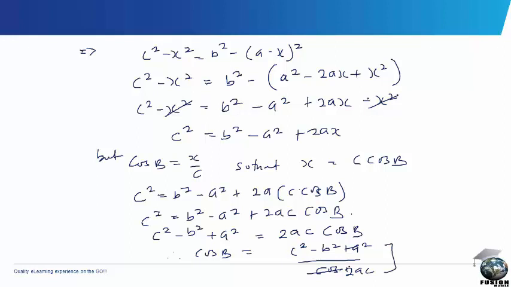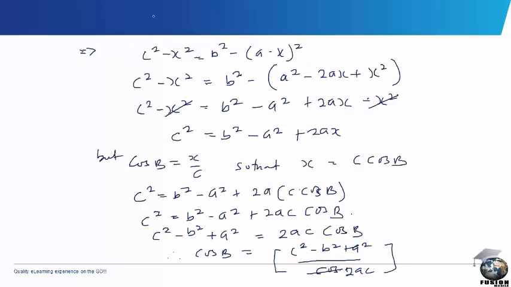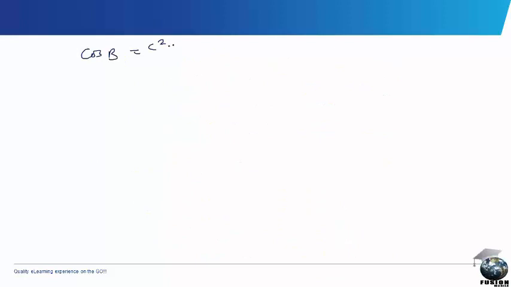All right, I think we don't make the mistake again. So we have cos B equal to C squared minus B squared plus A squared all over 2AC.